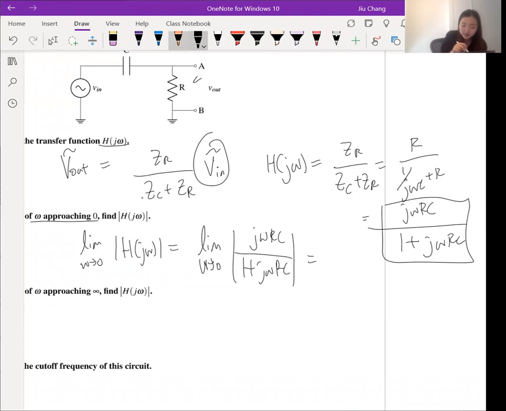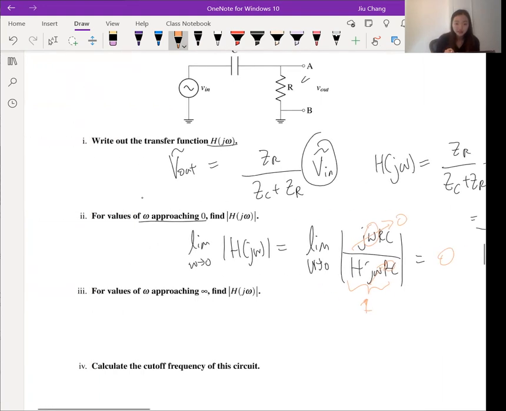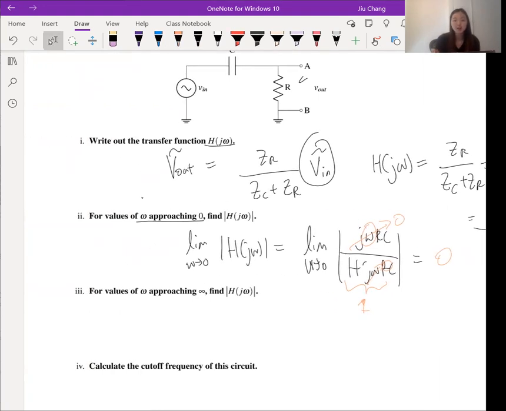But we realize that the numerator goes to 0, while our denominator goes to 1, so non-zero. So that means as omega approaches 0 in the limit, our magnitude is just 0. Our transfer function is just 0, and the magnitude of 0 is just 0. So for a small omega, we have a 0.